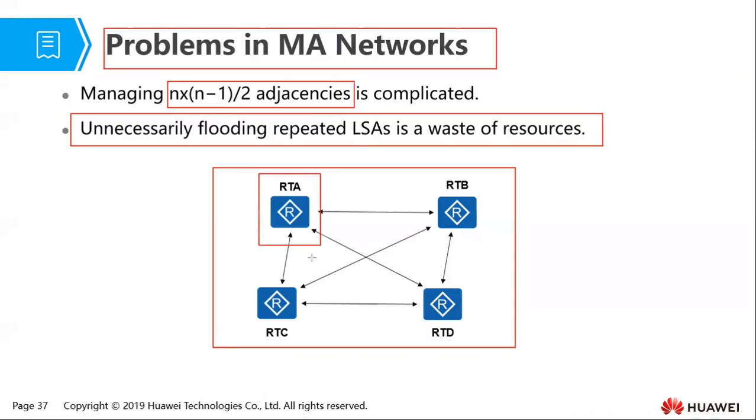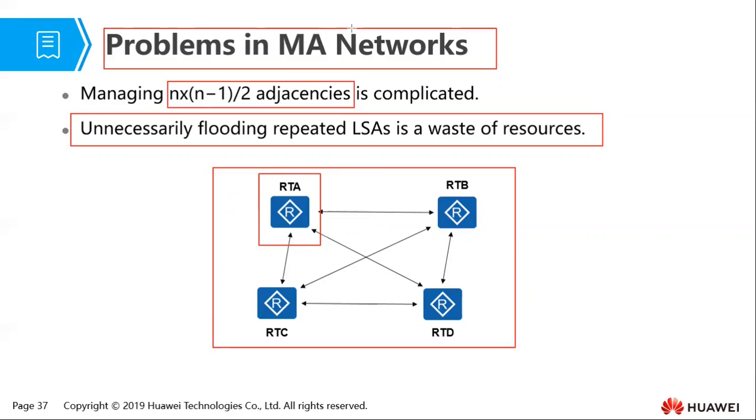The formula to calculate the number of adjacencies is n into n minus 1, then the whole of it all over 2, where n is the number of routers. Here we have 4 routers, so 4 into 4 minus 1 all over 2, which gives 6 adjacencies.